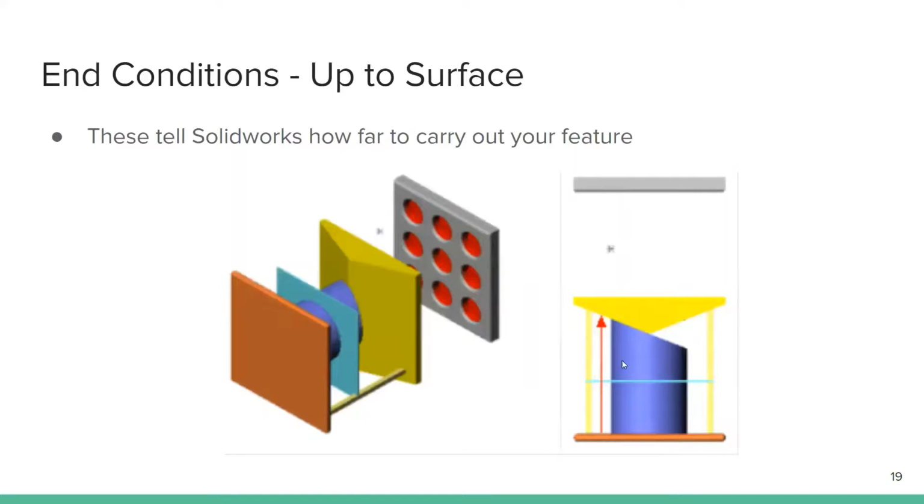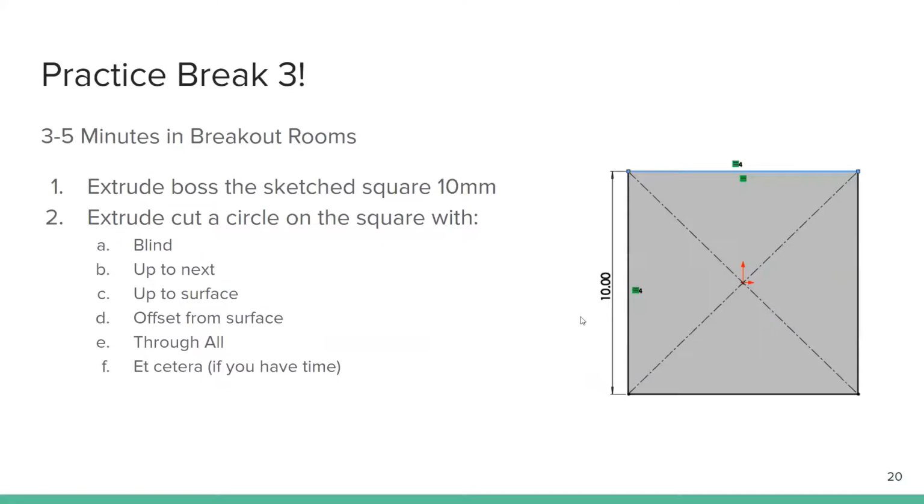But say there's some material in between we wanted to get rid of, it's super easy and straightforward. So yeah, next breakout section will just be extruding the square into a 10 millimeter cube, and then extrude cut a circle, and just try all these different end conditions and see how it works out.